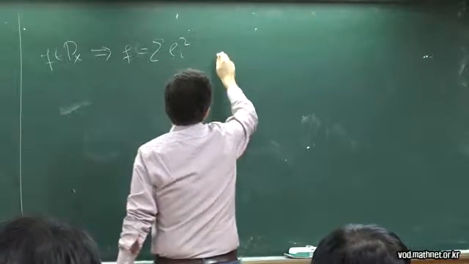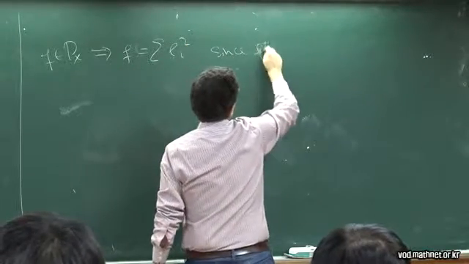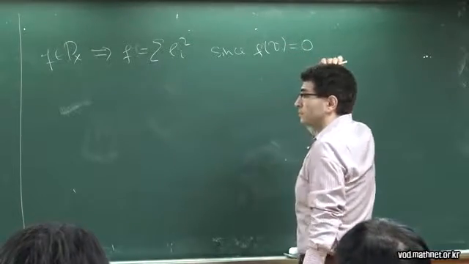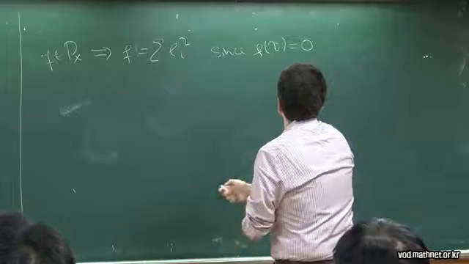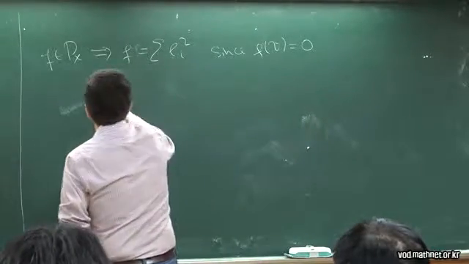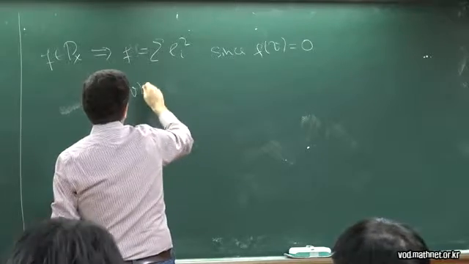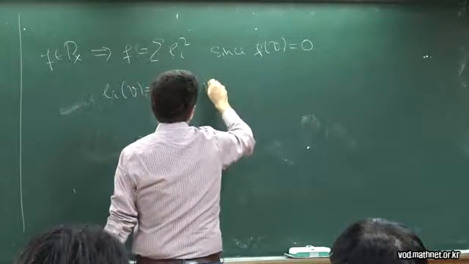And since f of V is equal to 0, by observation 1, Li of V is equal to 0 for all i.